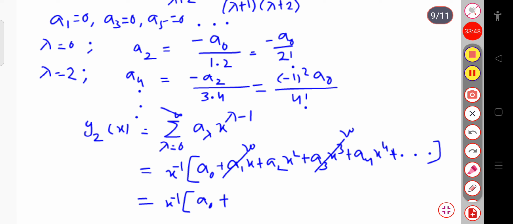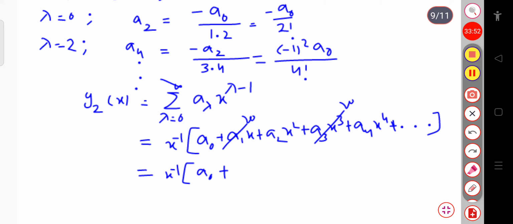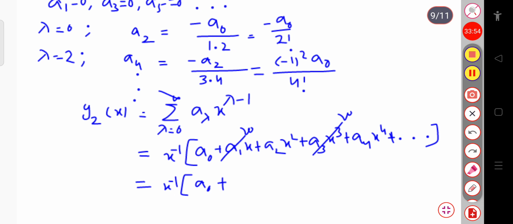So let me write, minus a0 divided by 2 factorial into x squared, plus in place of a4, minus 1 squared means plus, a0 by 4 factorial into x to the power 4, plus so on.